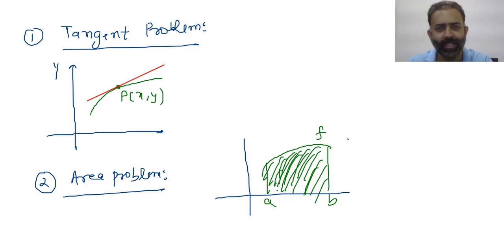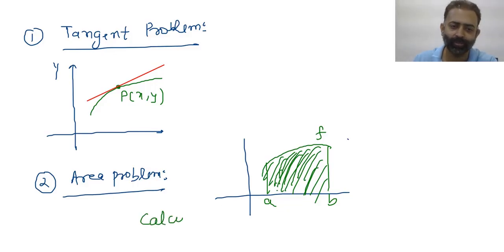Once this limit concept was introduced and its mathematics was developed, a connection was found between both these problems, the area and the tangent problem, right? Once that connection was established, a new branch of mathematics was developed, which we now say is calculus.